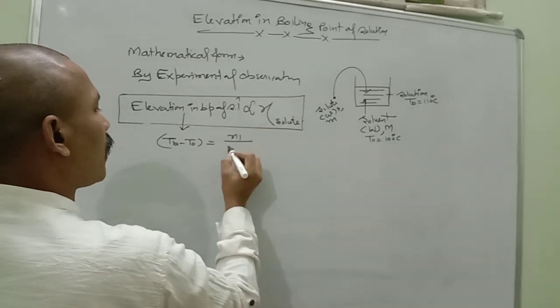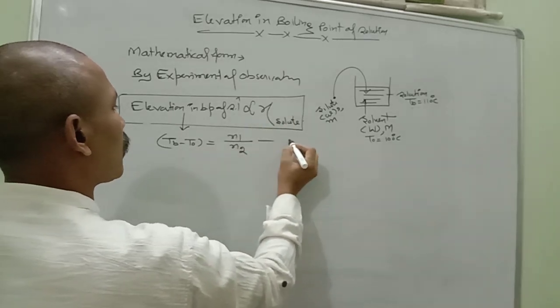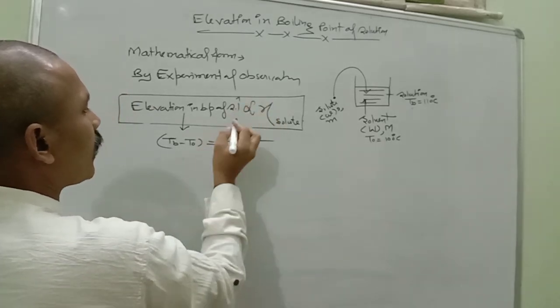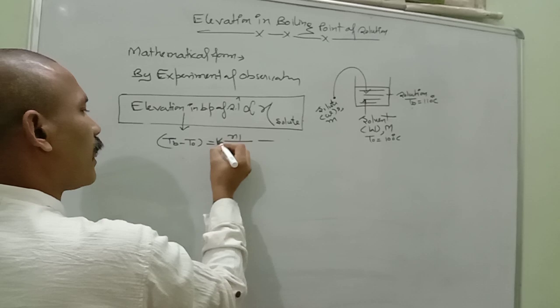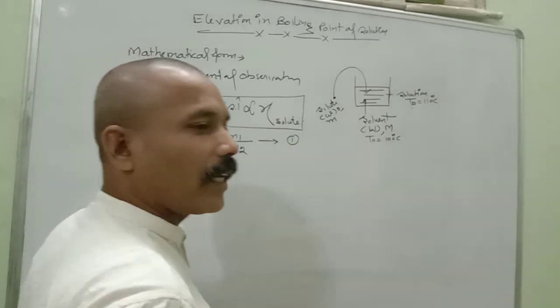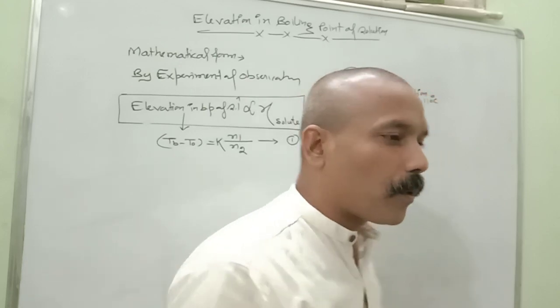So you can write TB minus T0 is proportional to the mole fraction of the solute, N1 upon N2, equation number 2. As the sign of proportionality is eliminated, we get a constant capital K, called the constant of proportionality.